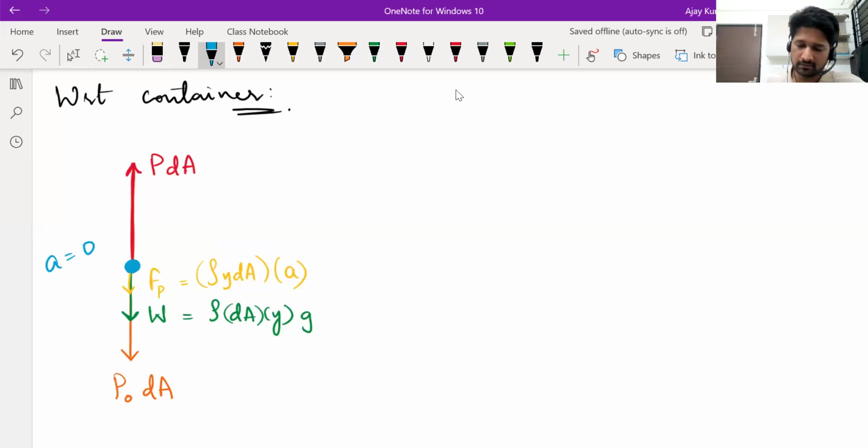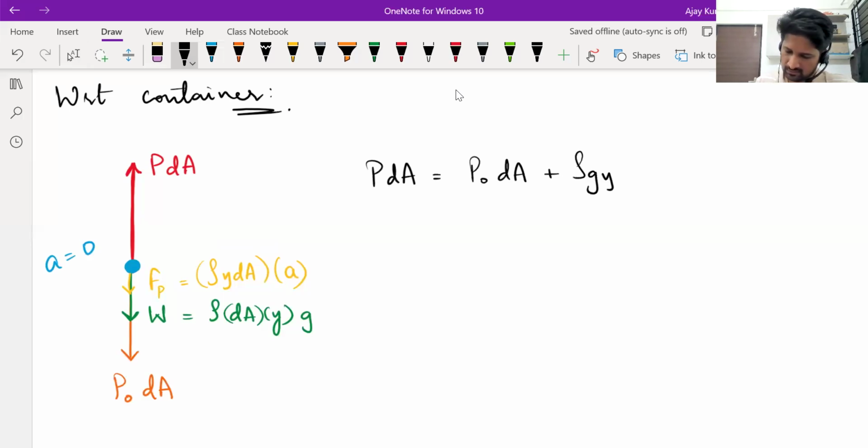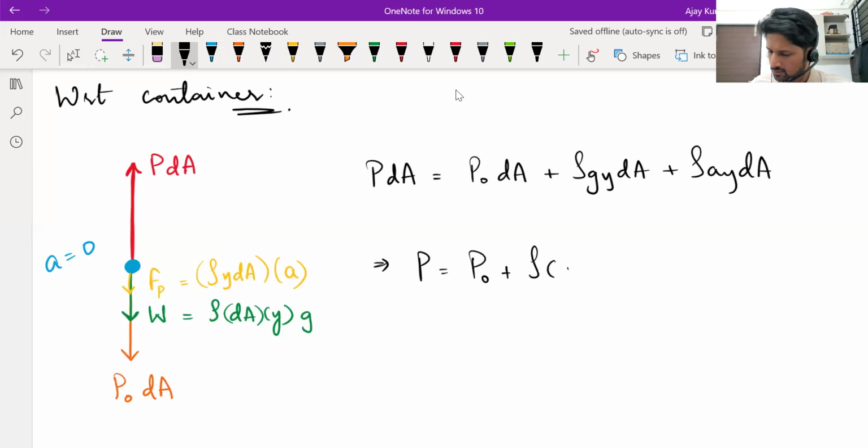That means it's in equilibrium. Therefore, force acting upward should be equal to sum of all forces acting downward: P naught dA plus rho g y dA plus rho a y dA. Effectively, if you cancel dA, you'll get the same expression. Pressure is equal to P naught plus rho into g plus a into y.